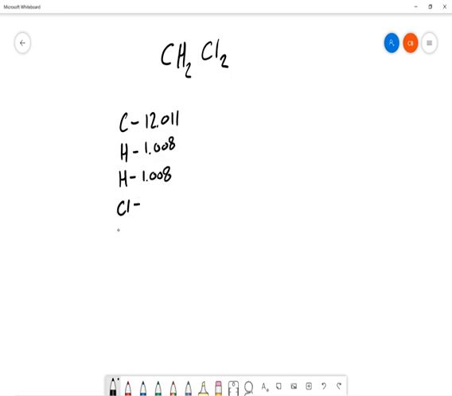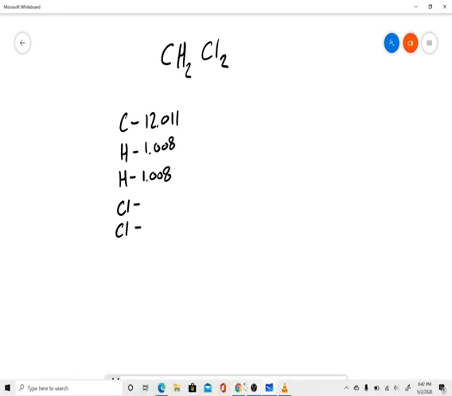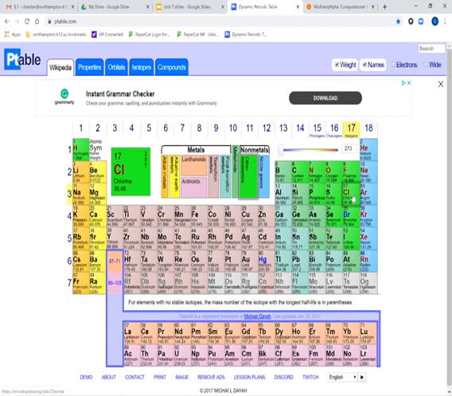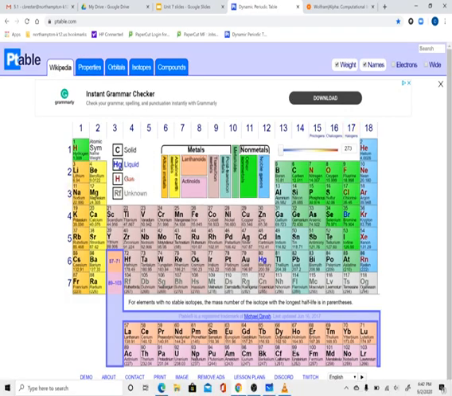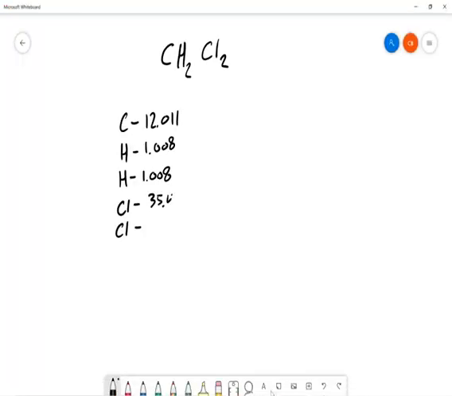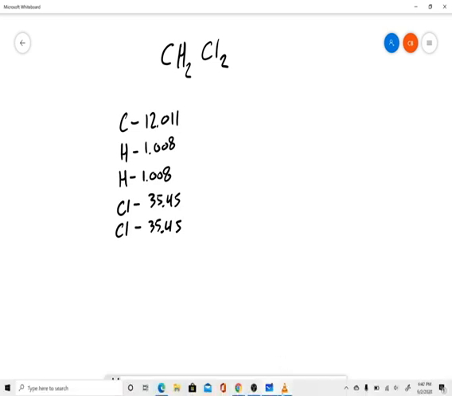And then we have 2 chlorines. So what does a chlorine atom weigh? 35.45 AMU if we are in molecular mass. 35.45. 35.45.